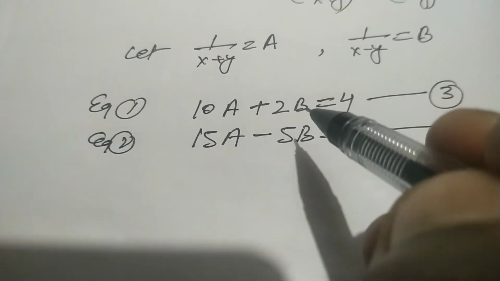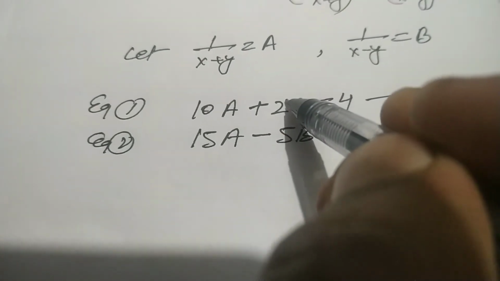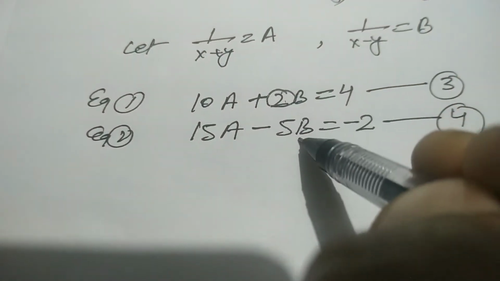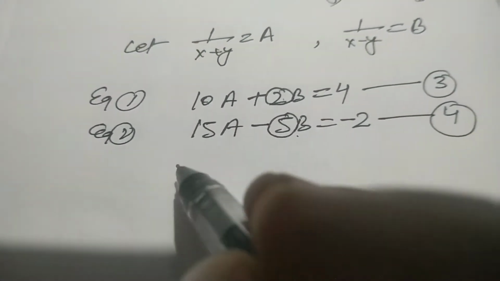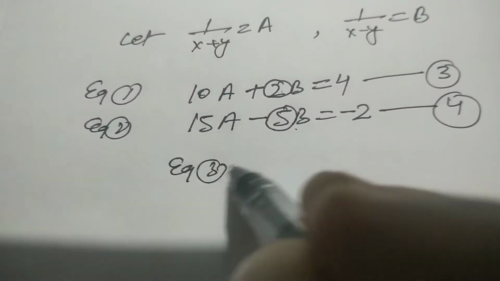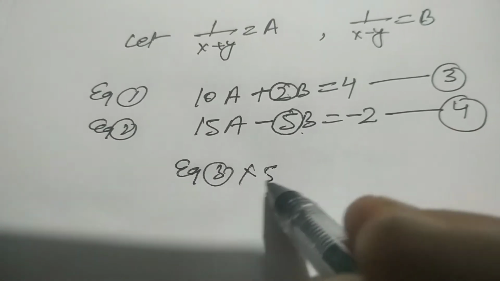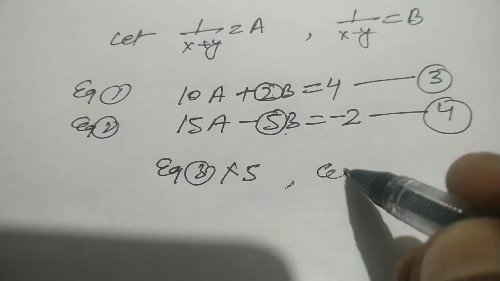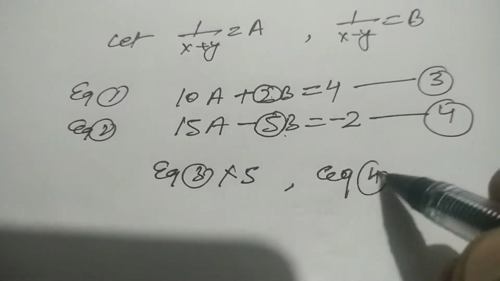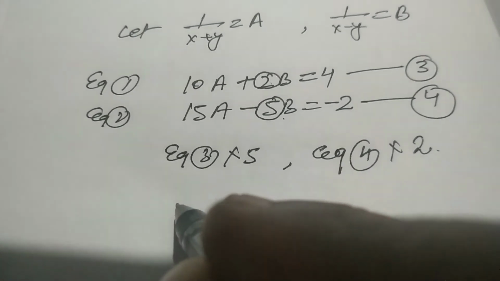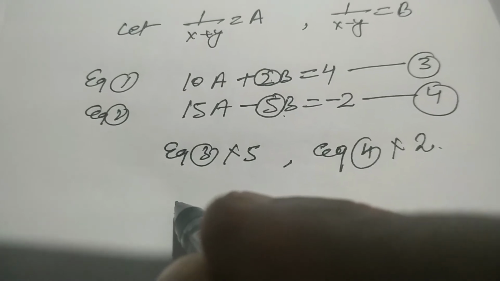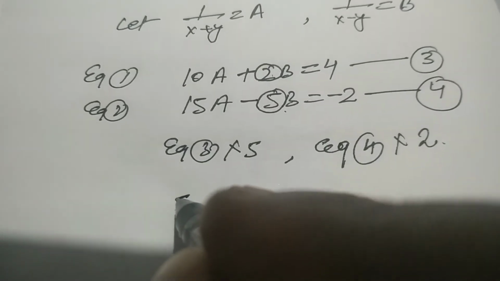Here the coefficient of b is 2, and in this equation the coefficient of b is 5. So equation 3 is multiplied by 5, and equation 4 multiplied by 2.